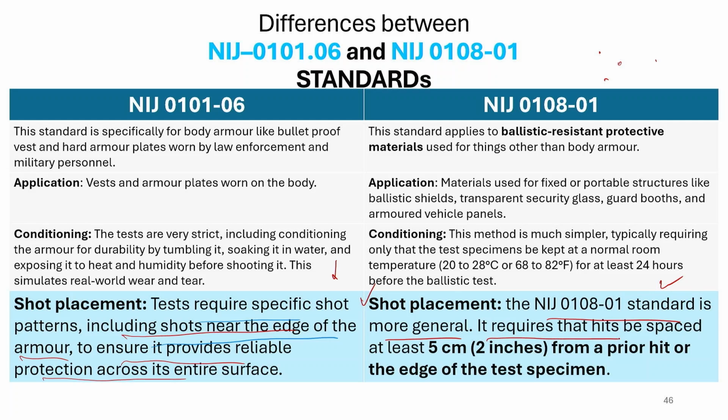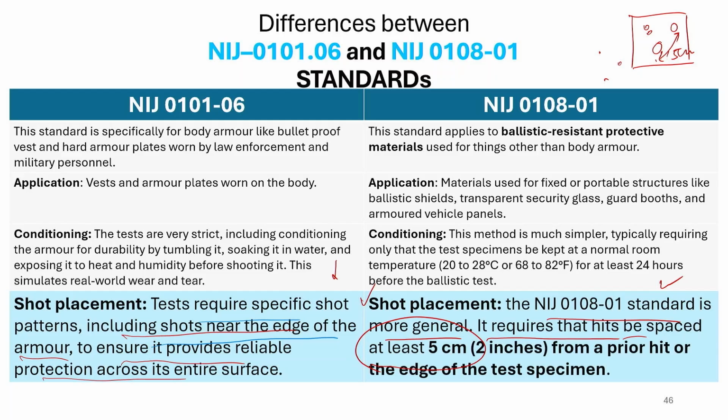It requires that hits be spaced typically 5 centimeters apart. This is a plate here, so a hit should not be very close to another. Hits are to be placed at least 5 centimeters from each other.